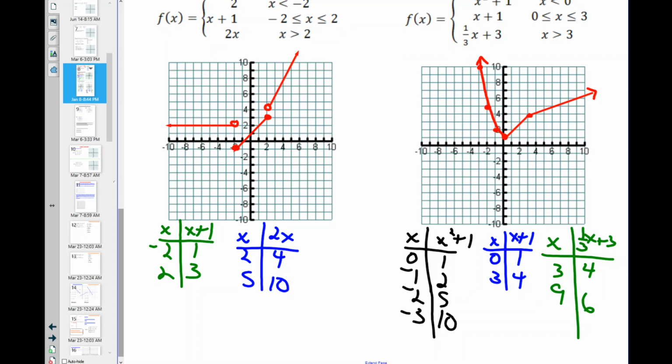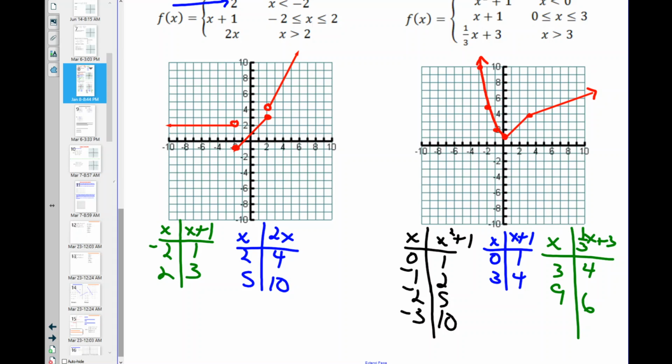Okay, for the first one, there's obviously three pieces. Of the three pieces, which would you say is the easiest one to graph? First one. Why? What type of a function is that? Constant, which is just a horizontal line.